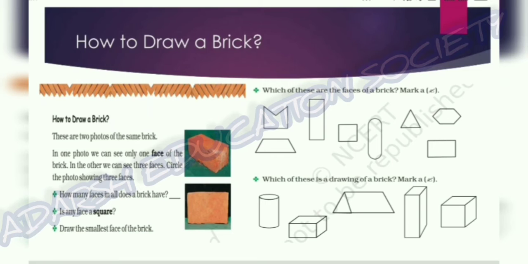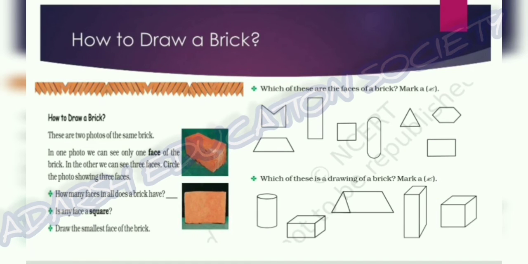Right children? So here in these shapes, if you can see any rectangular shapes, you have to put a tick mark on them. So here two shapes are rectangular, so you have to put a tick mark on them.